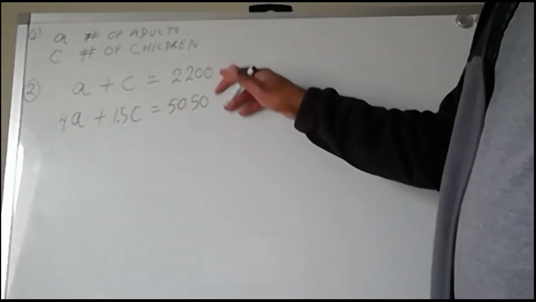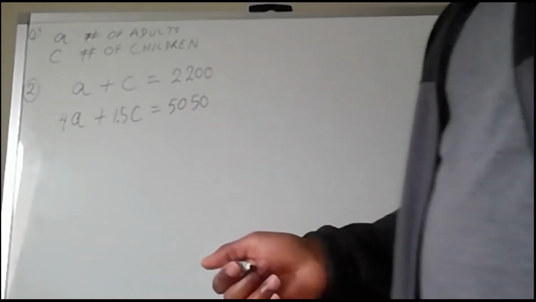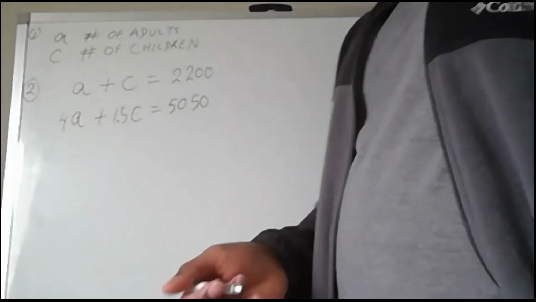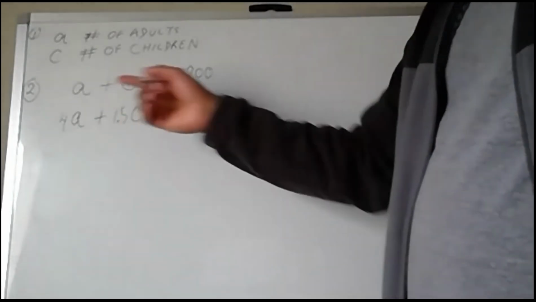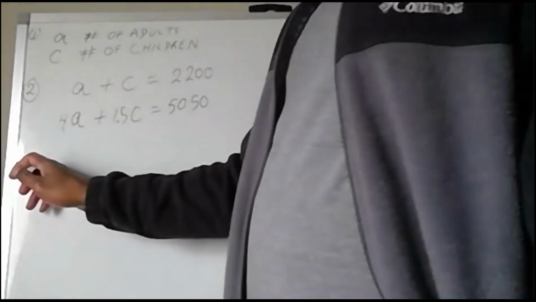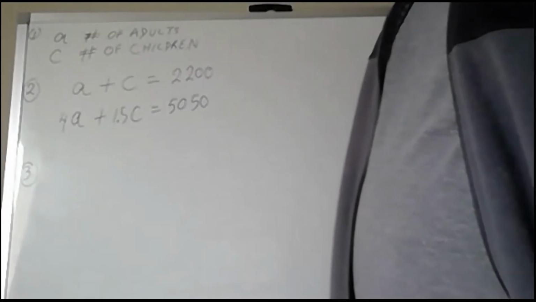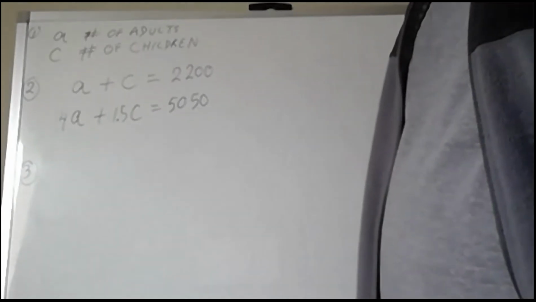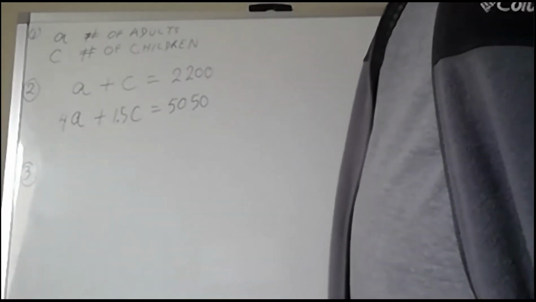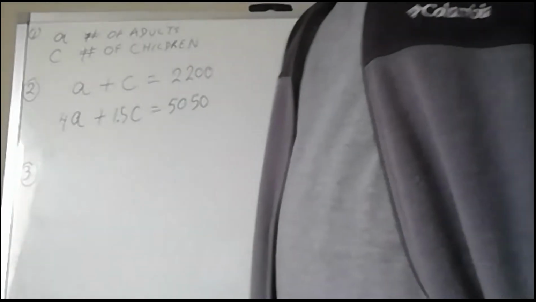So now that we have our system, we have two equations, we can now go ahead and solve this system for A and C, okay? So step three is going to be to solve. I say the easiest way is to use the substitution method.